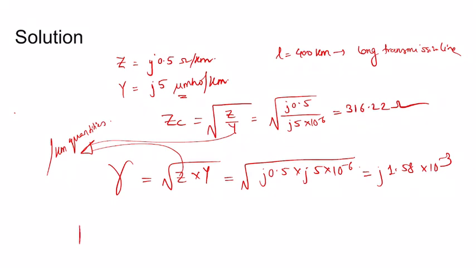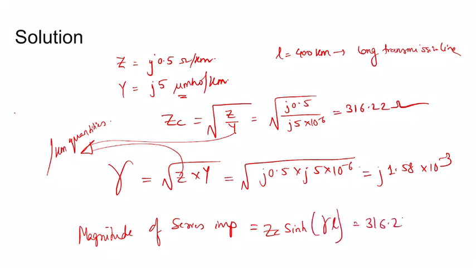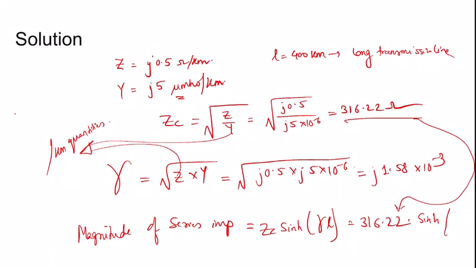So now the magnitude of series impedance is equal to ZC sinh gamma L, which is equal to 316.22 from here into sinh of the propagation constant, which is j1.58 into 10 to the power minus 3 multiplied by L, which is 400 kilometers.